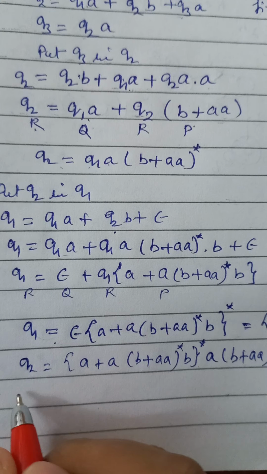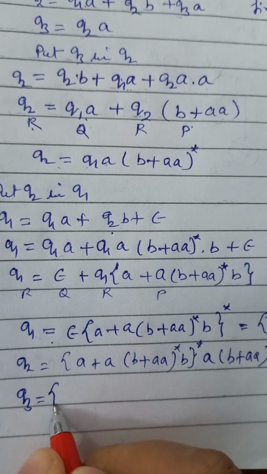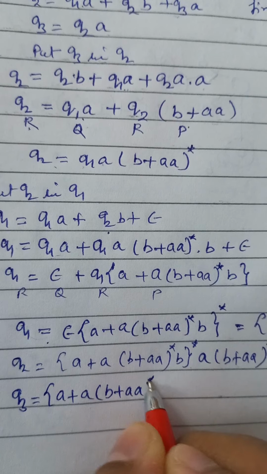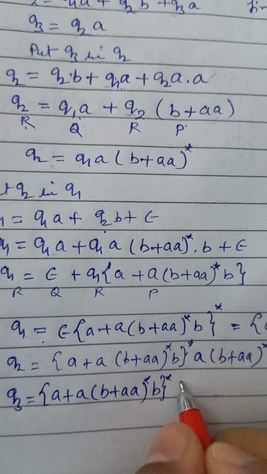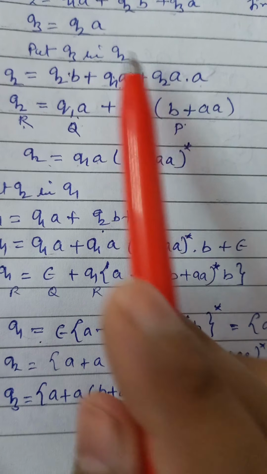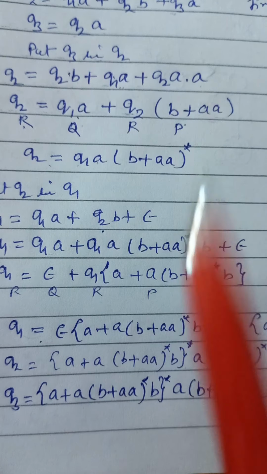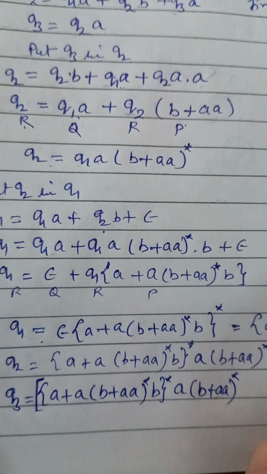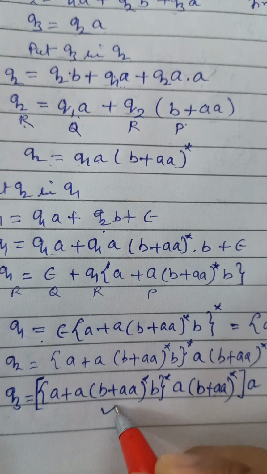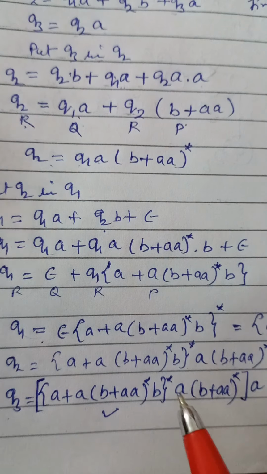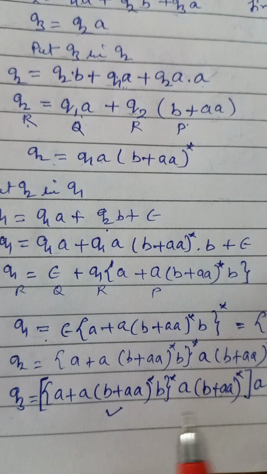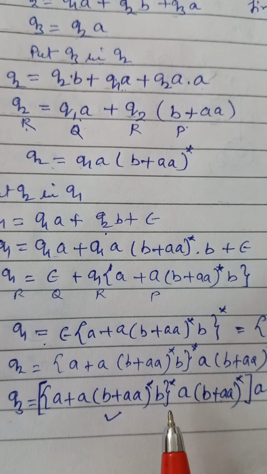So q3 will be (a plus a (b plus aa) whole star b) whole star a (b plus aa) whole star, and this is the q2 value, and at the end we have a. So this is the q3 value, and this is our answer, because we required the final state to convert that machine into a regular expression. Whatever the final state value is, this will be the regular expression for that machine.